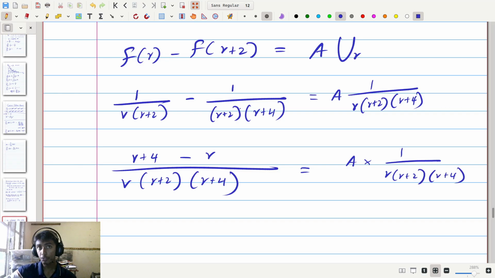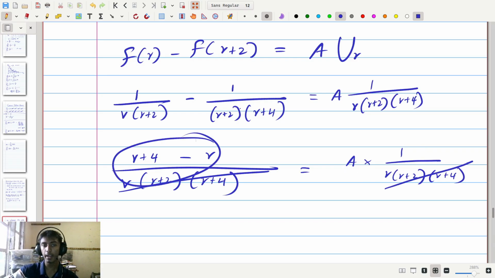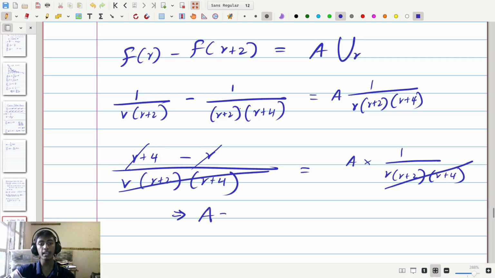Since neither of these denominators is equal to 0, we can cancel them out, leaving us with just an a on the right side and an r plus 4 minus r on the left hand side. Cancelling the plus r and minus r, this equates to 4, meaning that a is equal to 4.